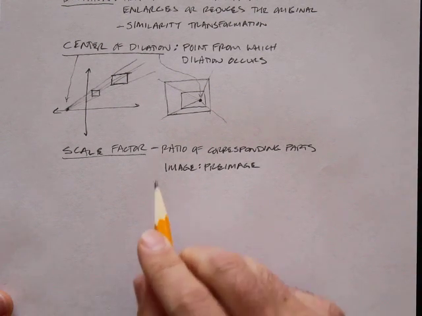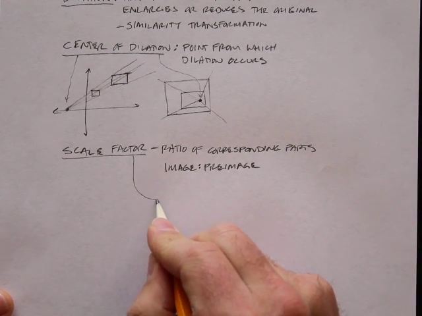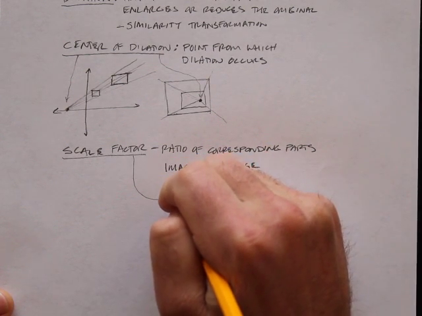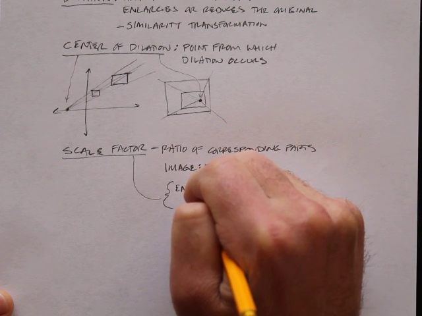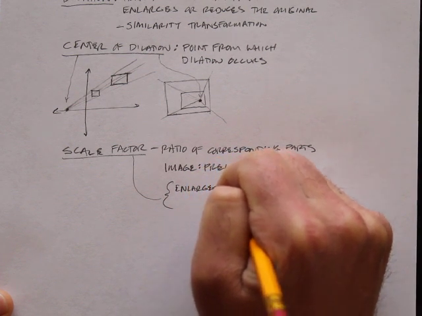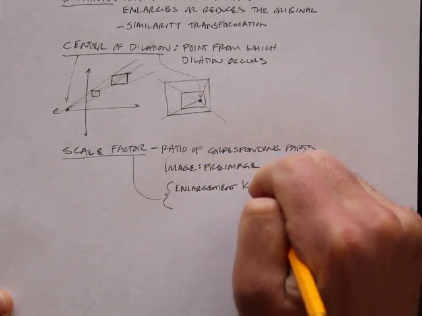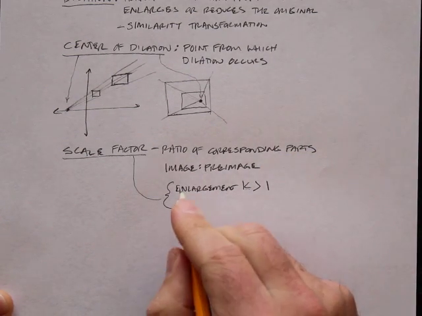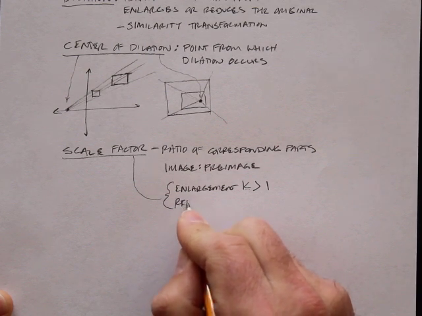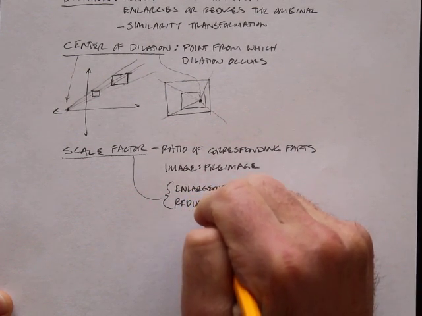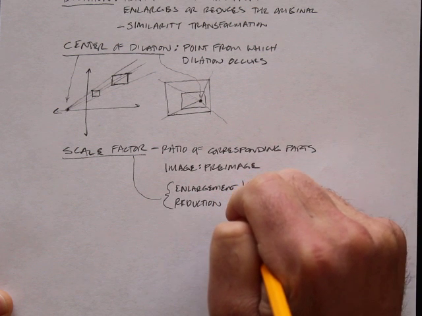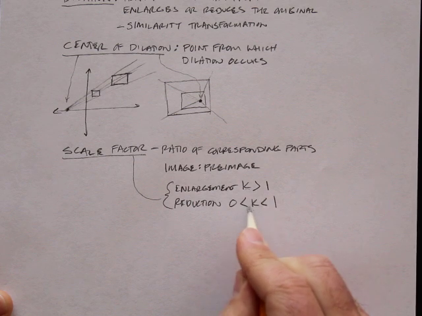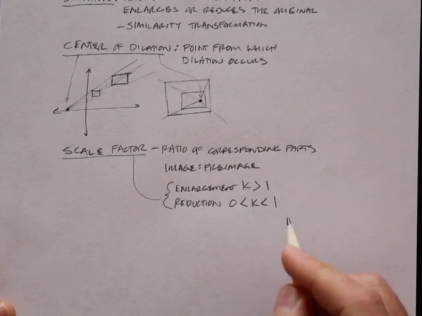The scale factor will be an enlargement if the scale factor is greater than 1. We're going to say K as the scale factor here. It'll be a reduction if the scale factor is between 0 and 1, meaning it's a fraction that is between 0 and 1.